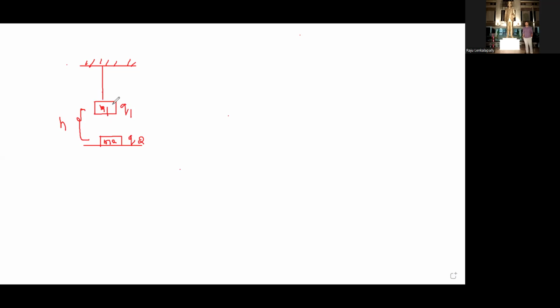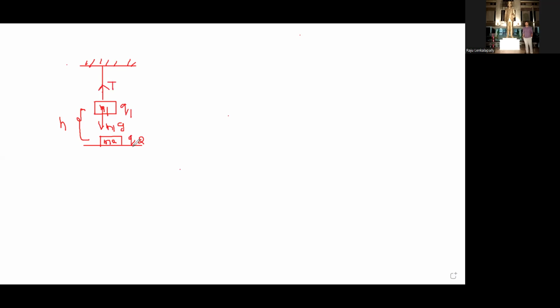So what forces are acting on Q1? The first force is mg, acting towards the center of the earth, the gravitational force. The next force, acting against the gravitational force, is the tension force.